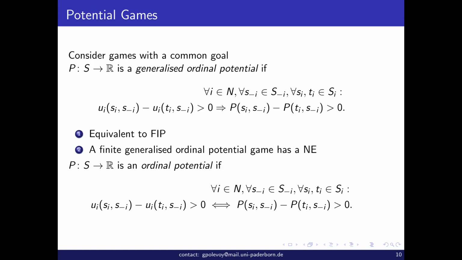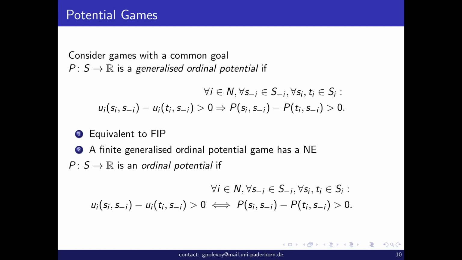The next topic is going to be potential games. That's a very broad class of games, which describes games played with a common goal. And there are several degrees of potential games.